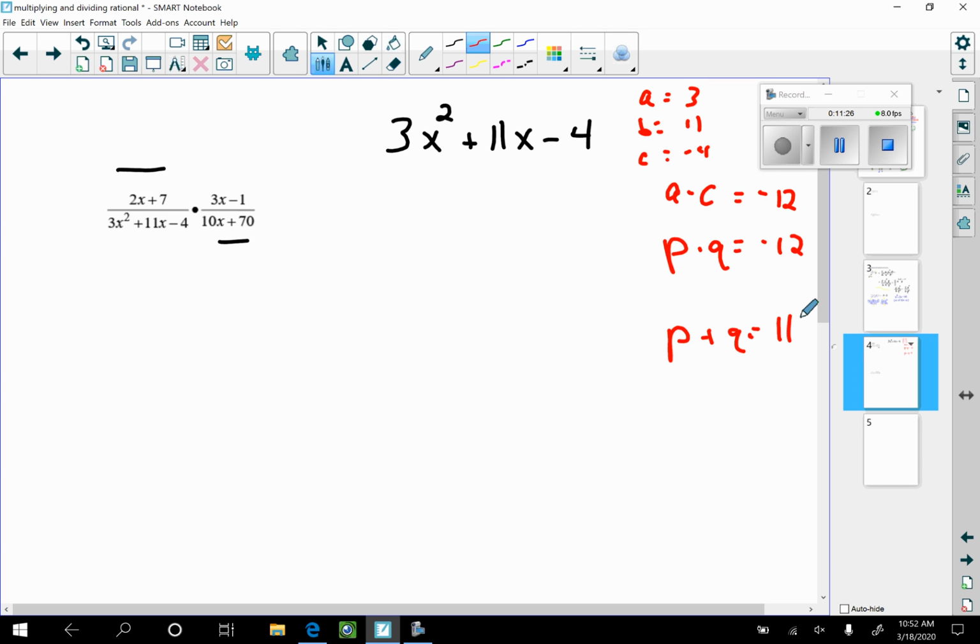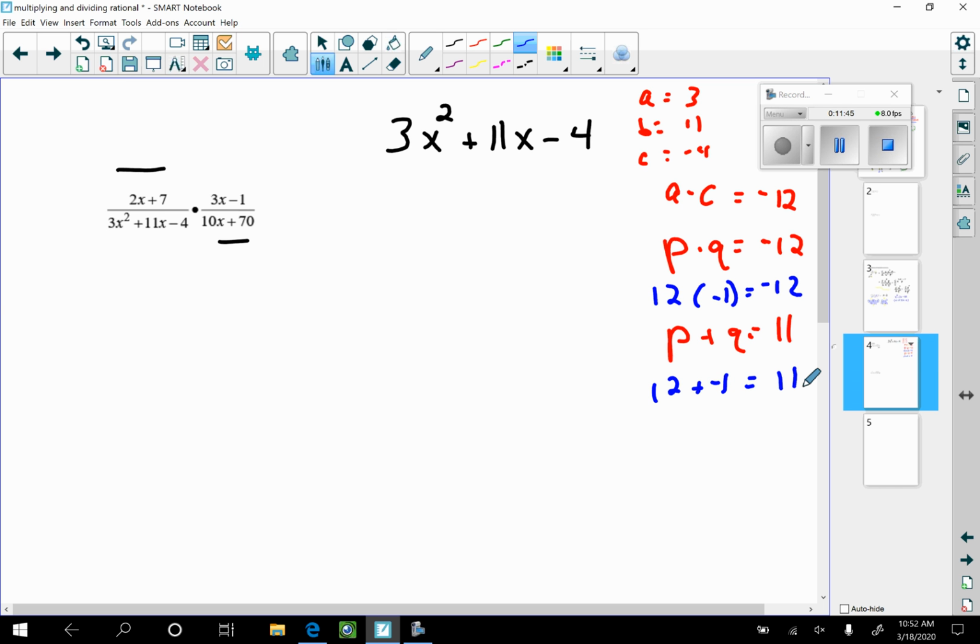And right away I see my numbers, because 12 times -1, I do indeed get -12, and if I add 12 plus -1, I do indeed get 11.